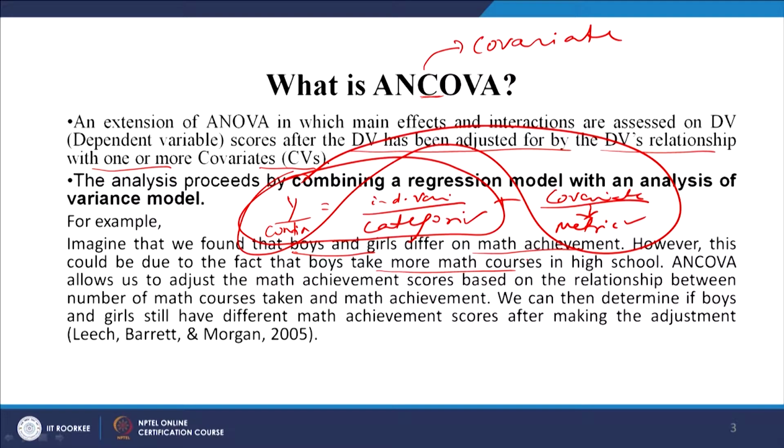So, ANCOVA allows us to adjust the maths achievement scores based on the relationship between the number of math courses taken and math achievement. So, if we do not take this into account, let us say, what we would have found about the effect of gender on the math score might not have been justified or correct, if we do not consider how many courses a boy has taken in comparison to the number of courses taken by a girl in the area of maths.